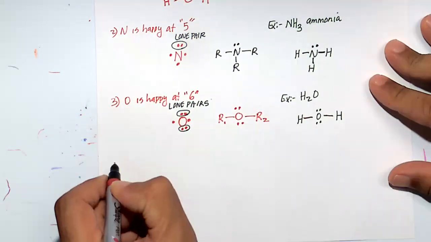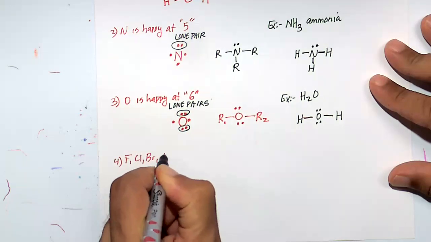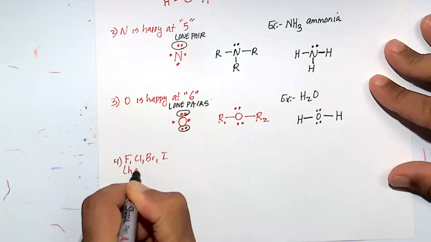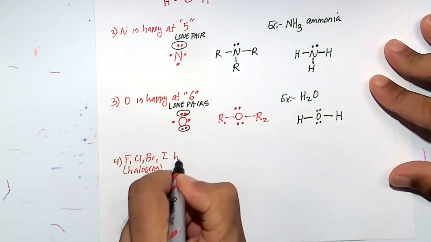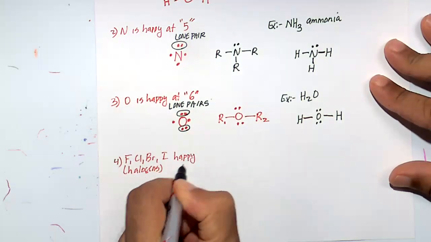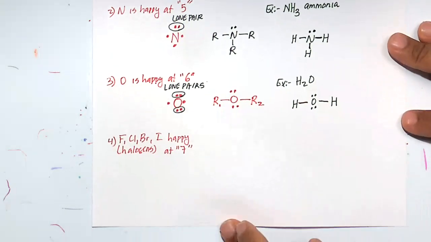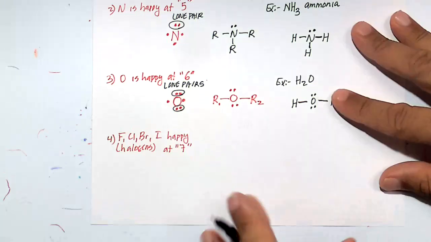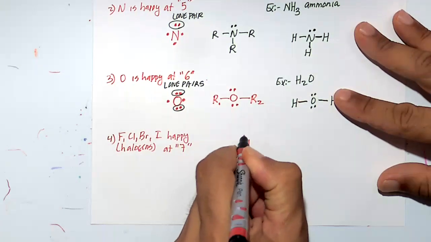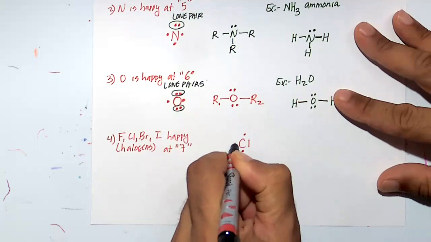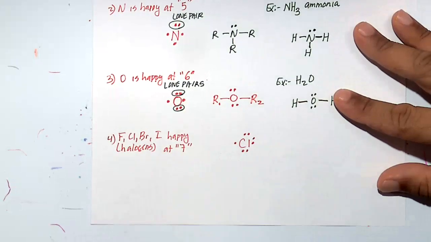All right, next one is the halogens: fluorine, chlorine, bromine, iodine. These are called the halogens. Okay, these are happy at 7. So I'm going to pick on chlorine here. 7, so 1, 2, 3, 4, 5, 6, 7.